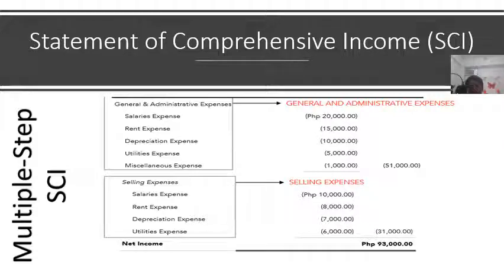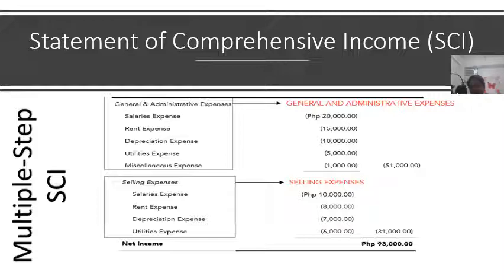Ibig sabihin, kalahati ng rentals ay sa selling, kalahati sa admin. Kunwari, sa workforce mo naman, ang workforce is 20% sa selling. Sinabi na information yun. So, yun yung magiging basis mo sa paghati ng salary. Ibig sabihin nun, yung 20% ng sweldo ay sa selling mapupunta. And then, yung 80% ay sa administrative expense.